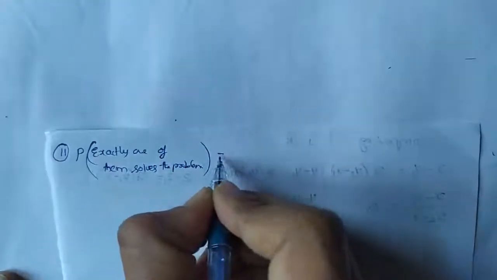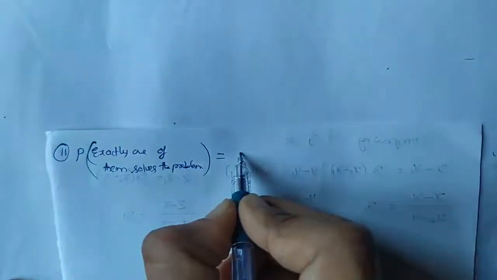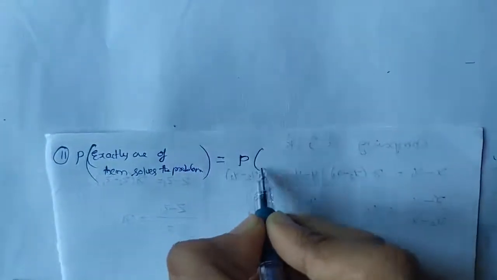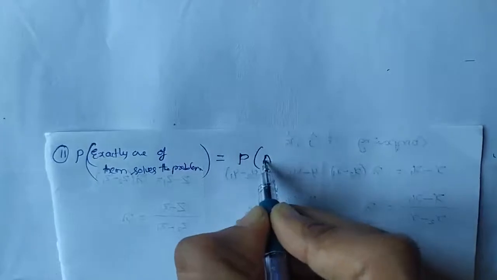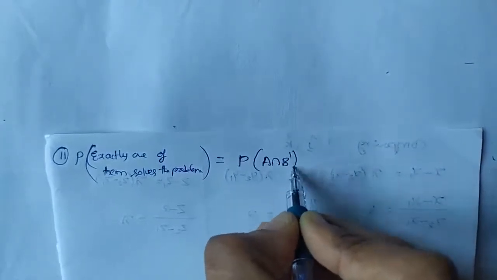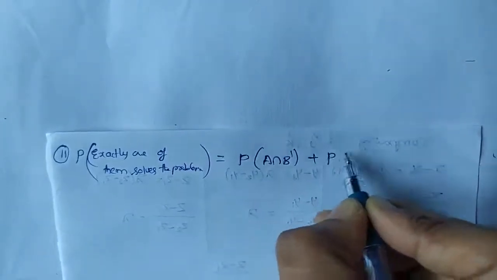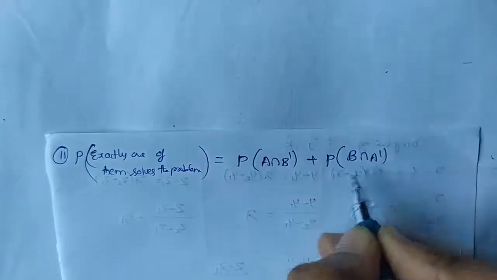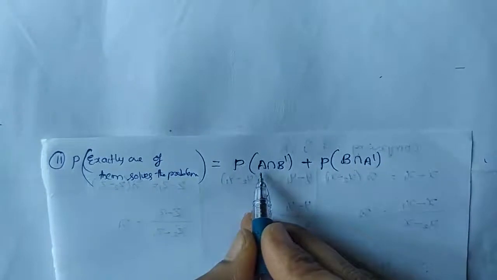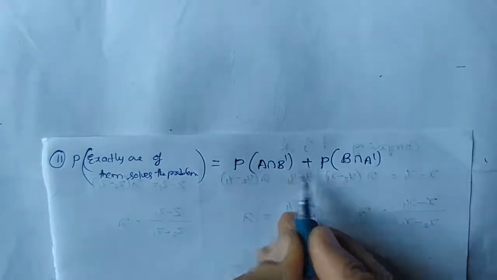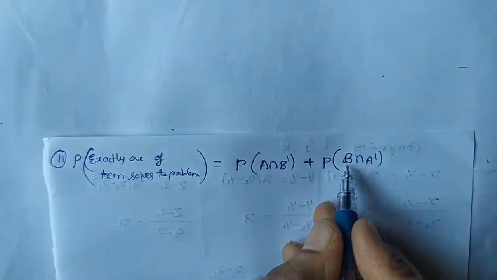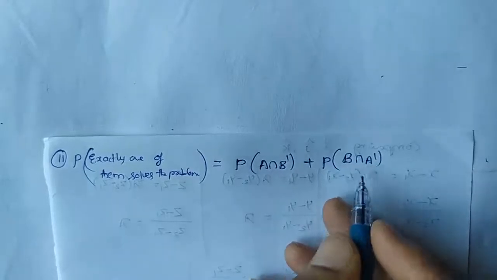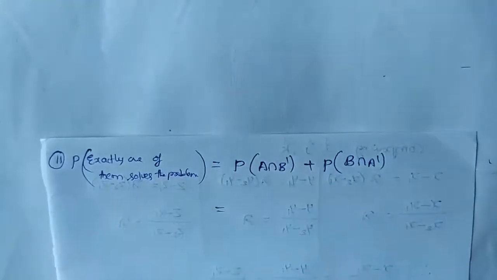This will be equal to the probability of A alone solves the problem, A intersection B dash, plus P of B alone solves the problem. In the first case A solves the problem, not B. In the second case B solves the problem, not A.